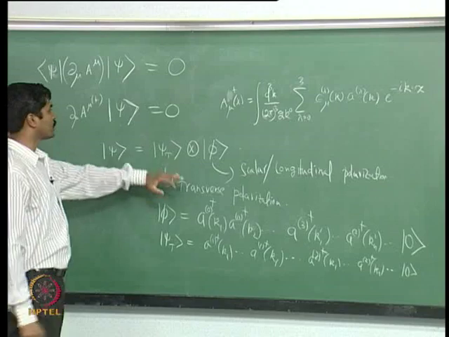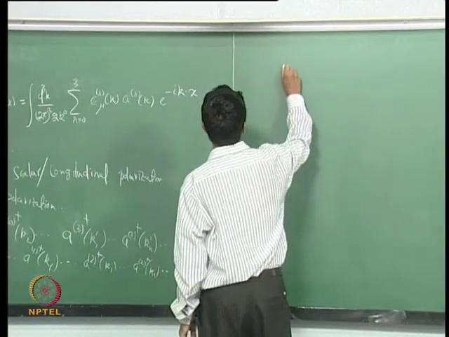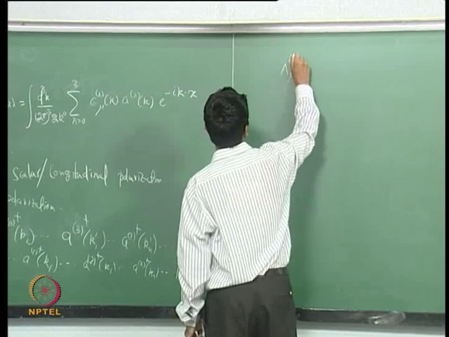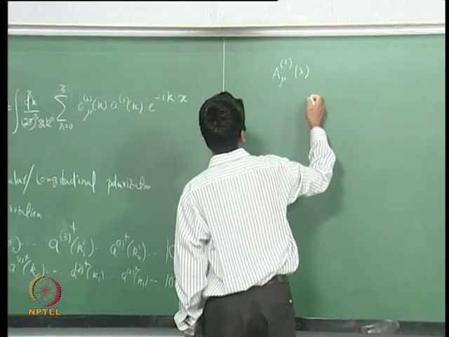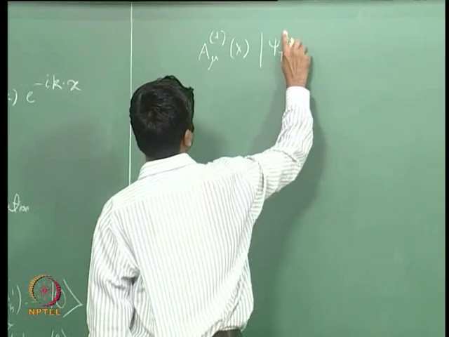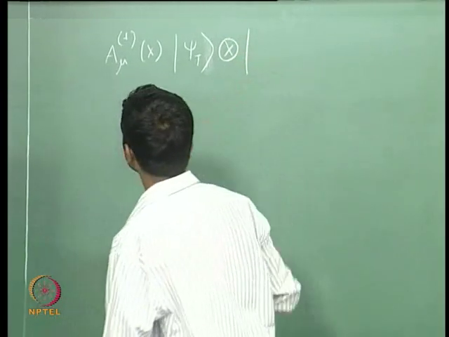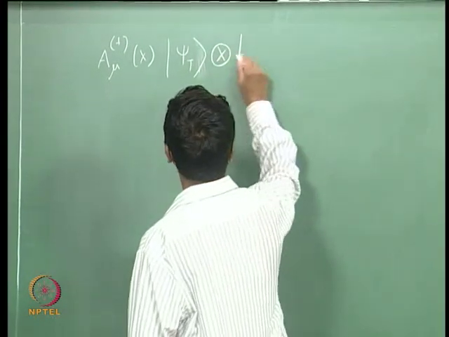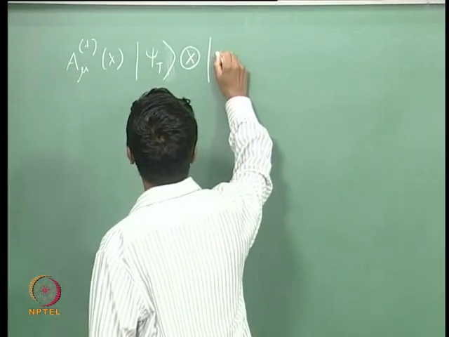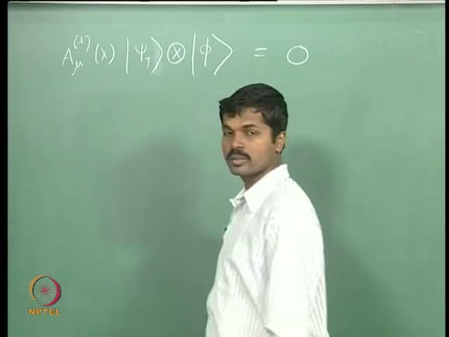Now, what we will see is what mu plus of x acting on this state psi transverse and phi equal to 0 gives us.